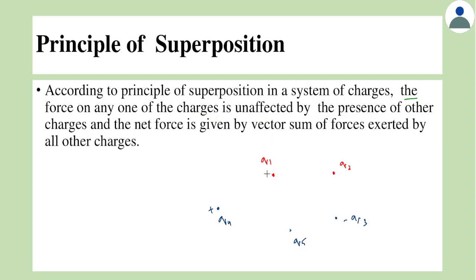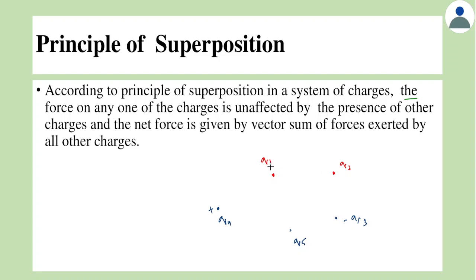It means that if you want to find the force on this charge Q2, then the force which Q1 exerts would be as if these are not present. That is, the force which Q1 exerts on this would be independent of these charges present. That is the first statement given here. It says the force on any one of the charges is unaffected by the presence of other charges.